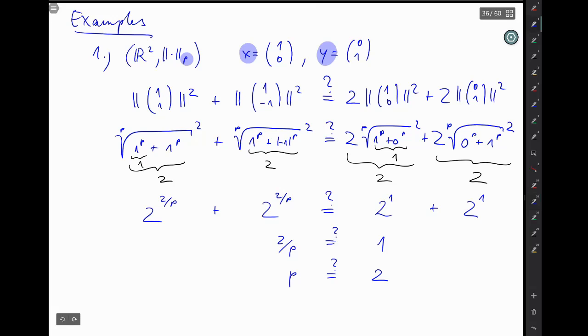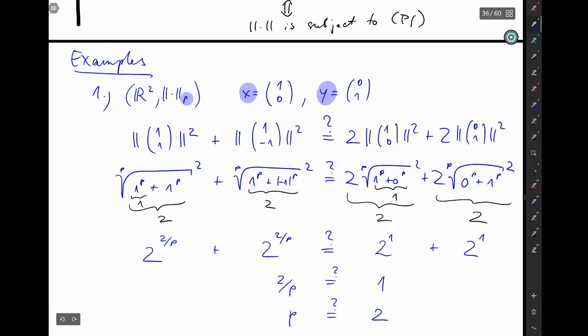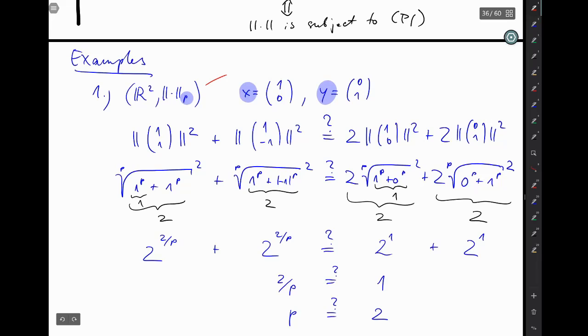So what did we just learn? We learned that this has a compatible scalar product if and only if p is 2.